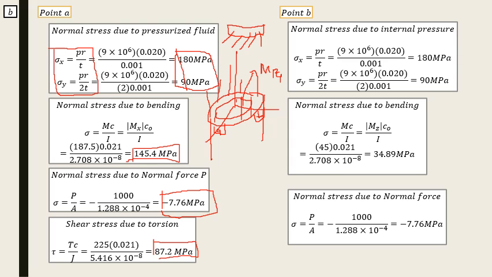But the normal stress due to bending will be different, since sigma equals Mc over I, which is Mz c over I. Mz is the moment acting on point B. Then we put the numbers into each equation and get this value for sigma. Then the normal stress due to normal force is the same: sigma equals P over A equals this, and it's the same value as point A.